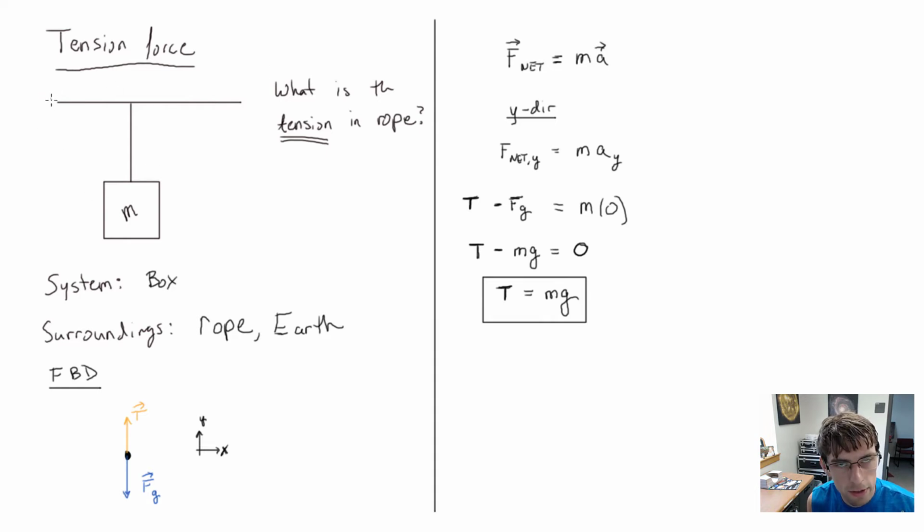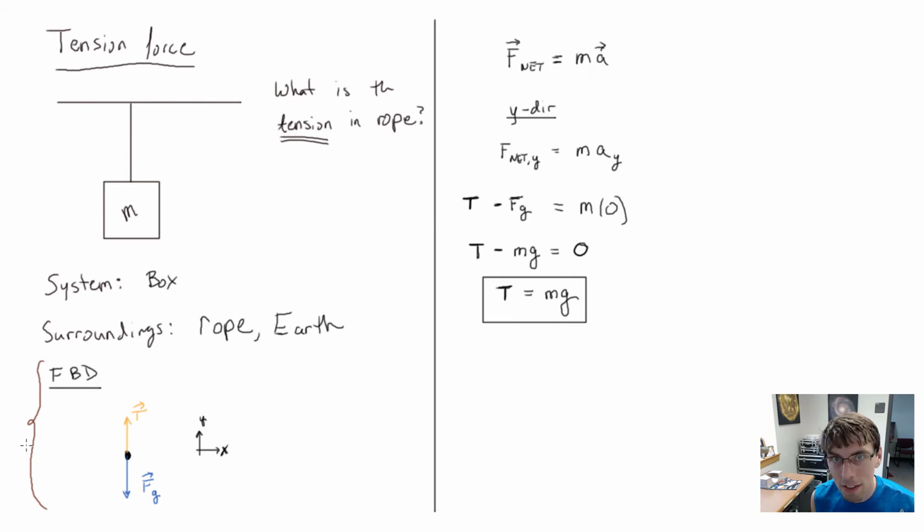Instead of a box sitting on a table, I have a box hanging by a rope. So physically speaking, they're different situations. But once I get down to this free body diagram, the free body diagram for the past problem, the box sitting on a table, looks exactly like the free body diagram here for the box hanging by a rope.